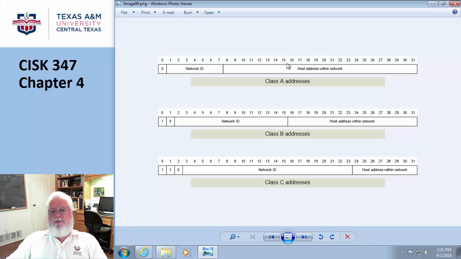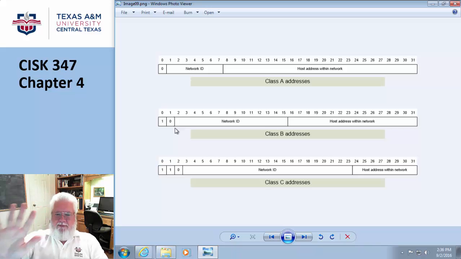Okay. Class B is smack down the middle, which is identical to what we saw at the very beginning, where you have an equal number. You have 14 bits over here and 16 bits over here. I mean, you really can't count the first two for reasons that we'll describe in just a moment. So that's 14 bits, which is about 16,000, and then 16 bits, which is about 65,000.